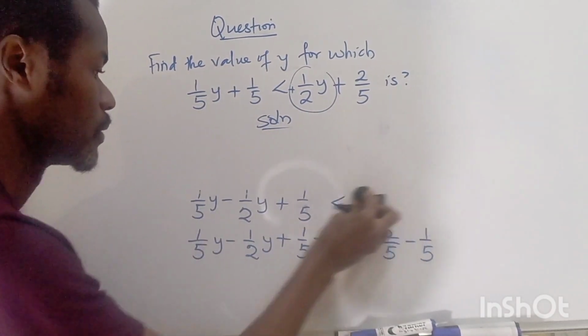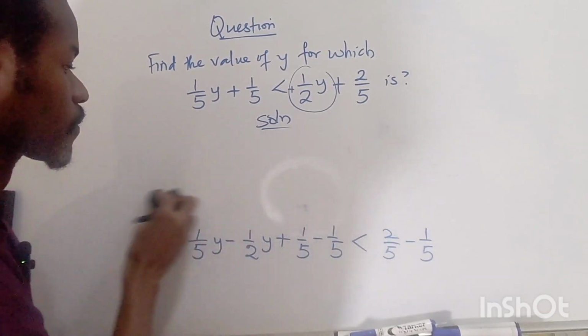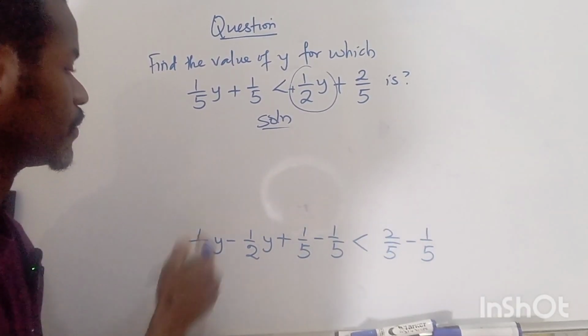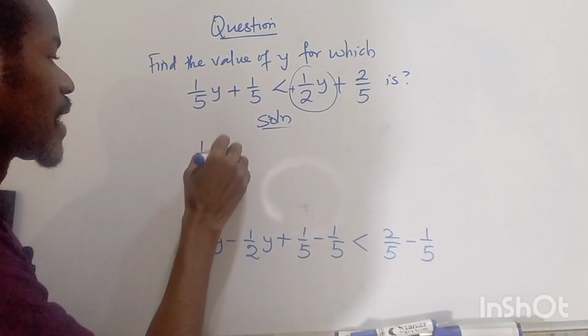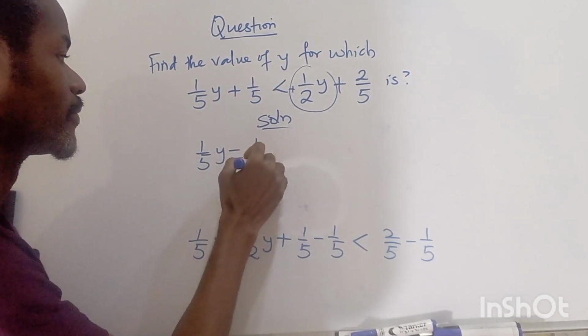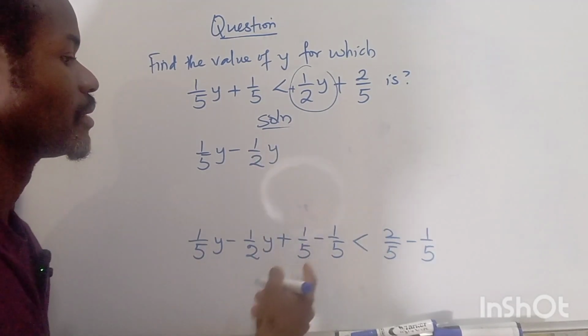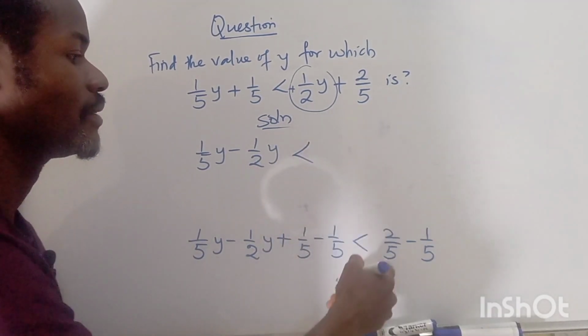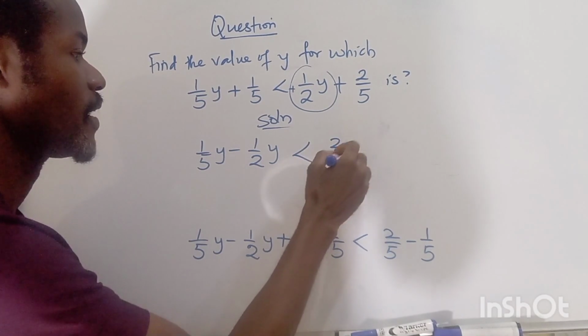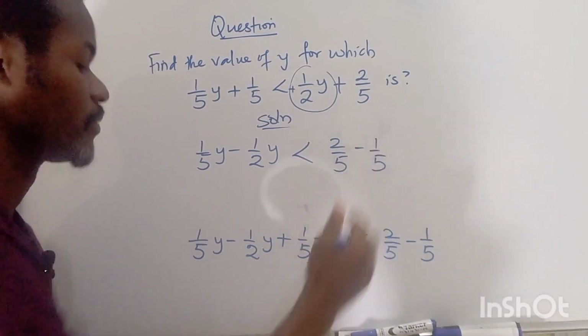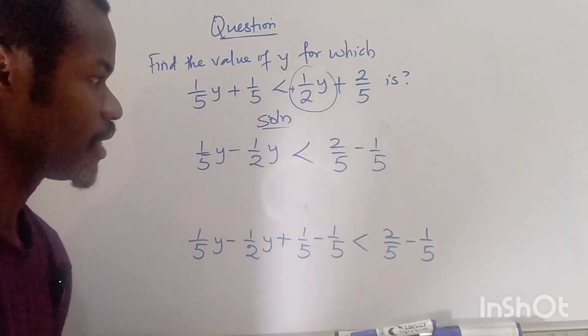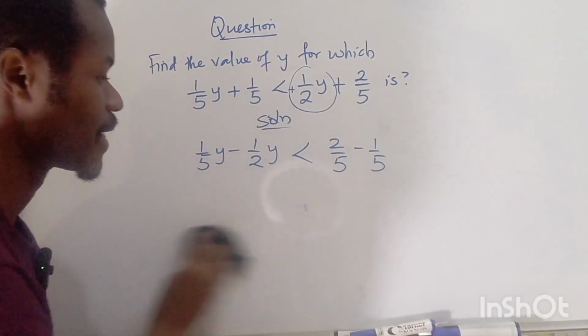So let's see what that gives us. So we have 1/5 y minus half y. This is 0, so we have less than 2 over 5 minus 1 over 5. So from this, we can now solve.